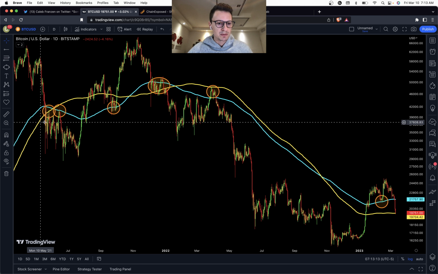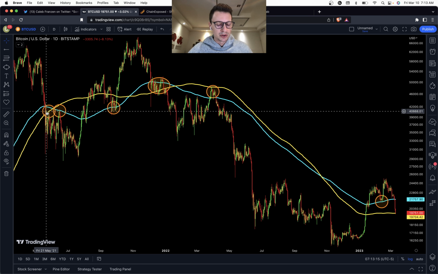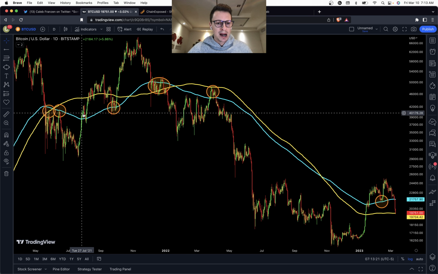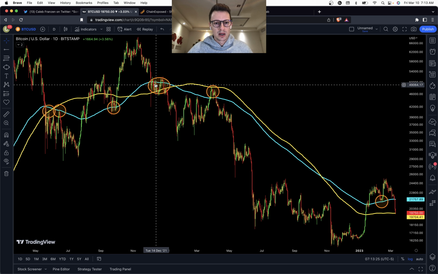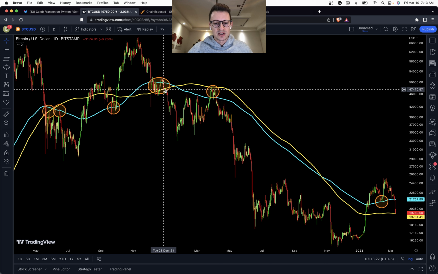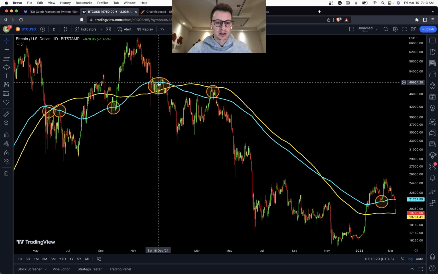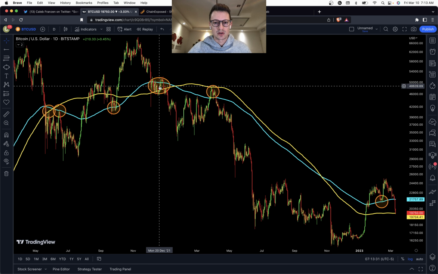If we look at this specifically, during that May 2021 collapse, it acted as resistance, and again in June. We had some chop in the zone, then we were able to break back above it, and it became support. A lot of noise right here going into December 2021 and January 2022.